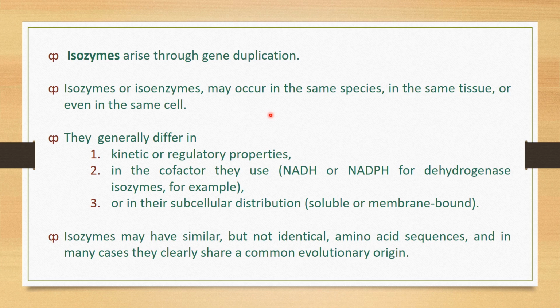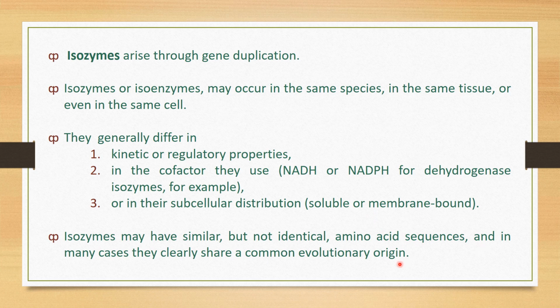So some have type A, some have type B, some have type C, or a particular individual may possess all the types in his system, but in different tissues, or even in the same cell, different types of isoenzyme may be present.